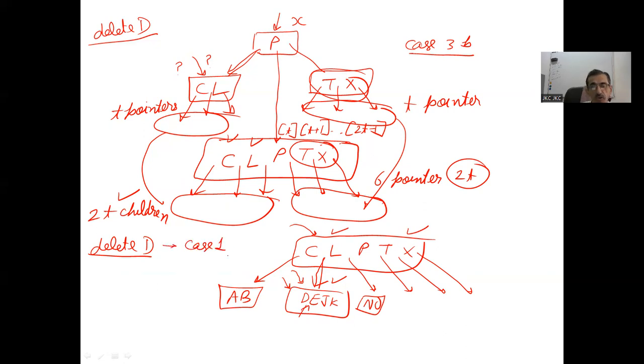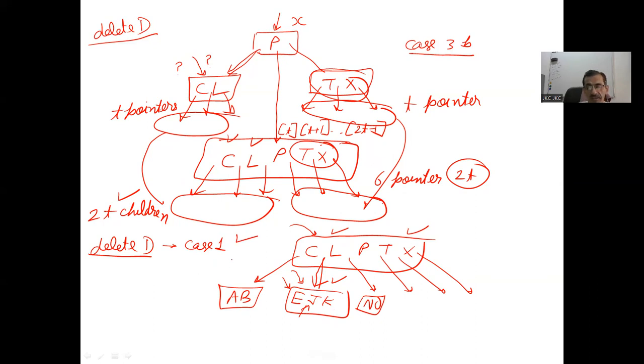It is a leaf node. The leaf node has D and D is to be deleted. That means E will be copied at D's place, J will be copied at E's place, K will be copied at J's place. And that's it. Unadjusted child nodes don't exist, so not a big issue. And effectively case 1 is covered.